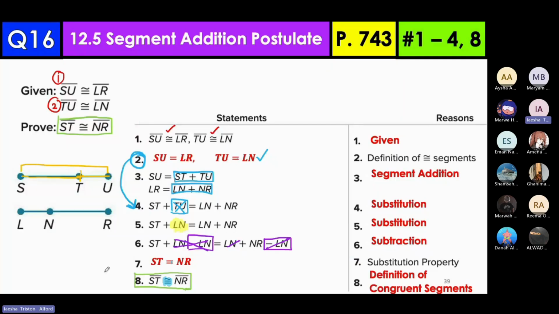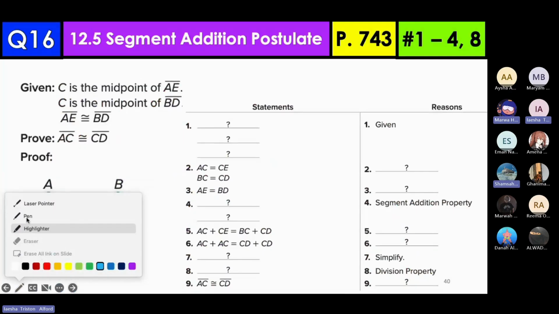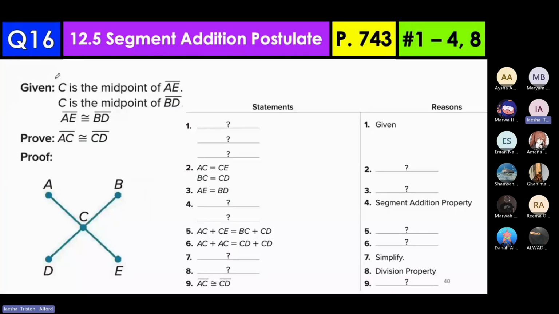Try another one. This one has more blanks. What's the first thing we can put in the blanks? Start with your given. The given is the easiest thing to put in the proof. You have 3 givens. So what should be in this blank, this blank, and this blank?